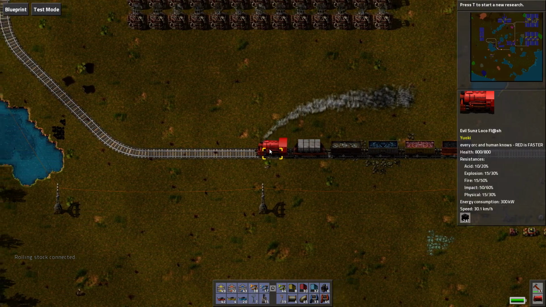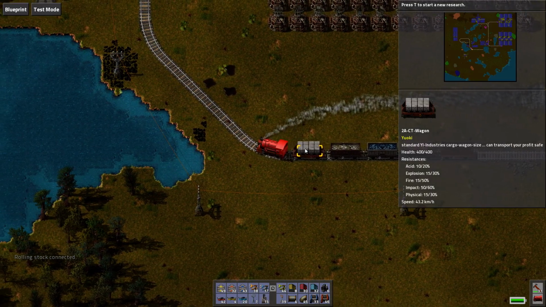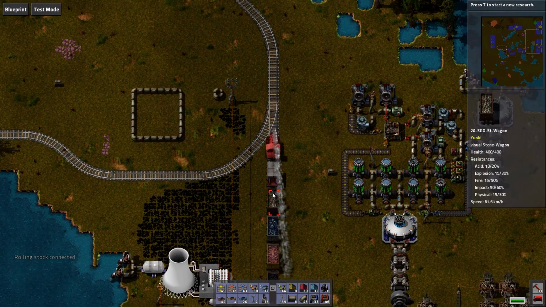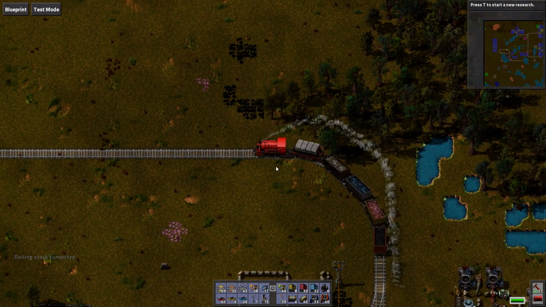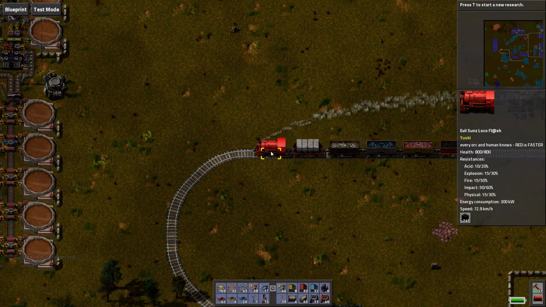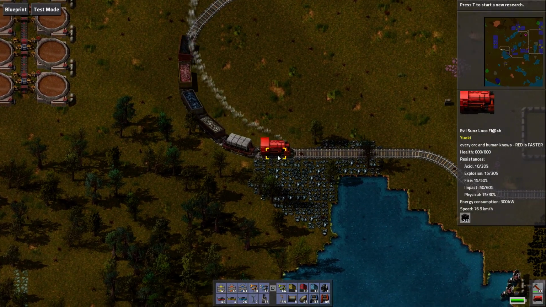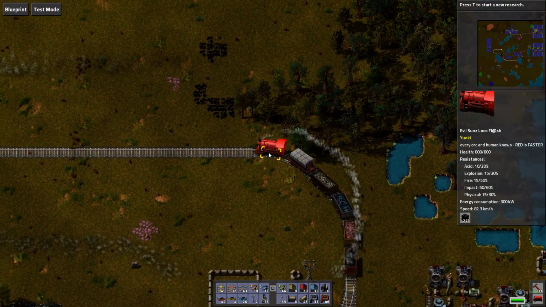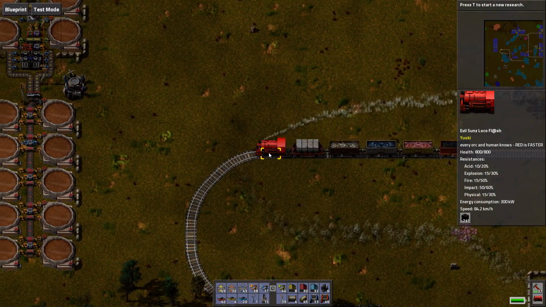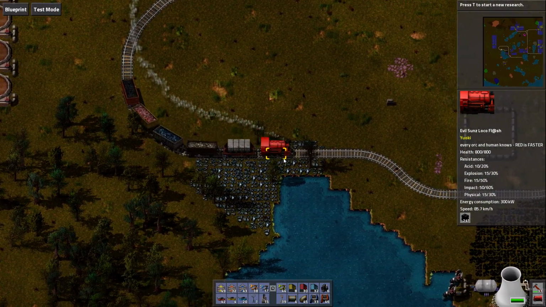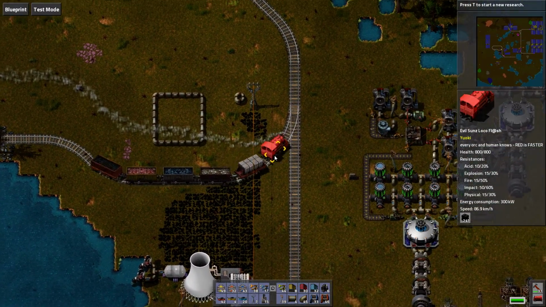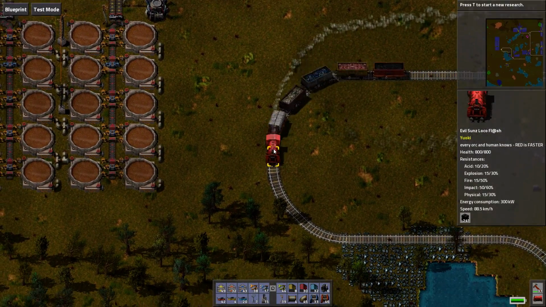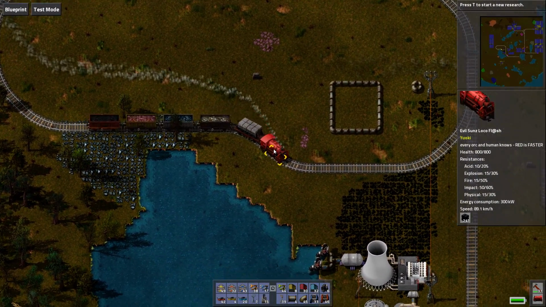Let's see how fast you guys go. 60. Alright, about 86. So if you were on a much straighter path, you probably would have a higher speed.